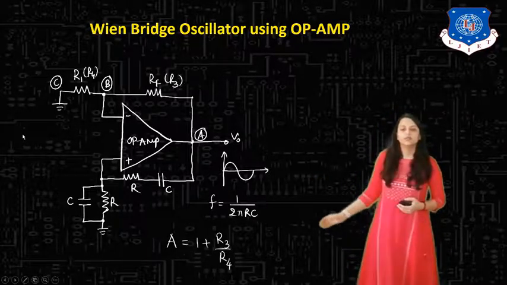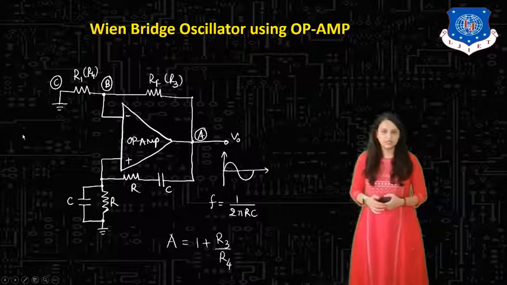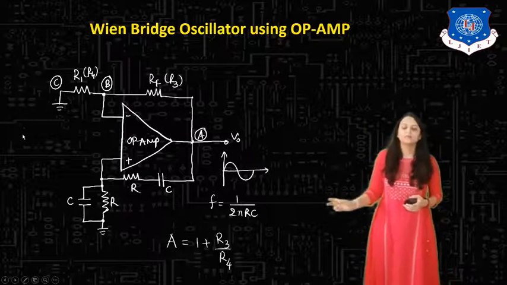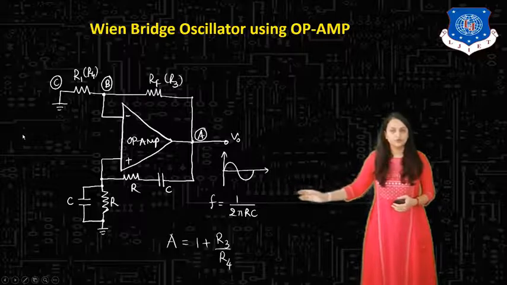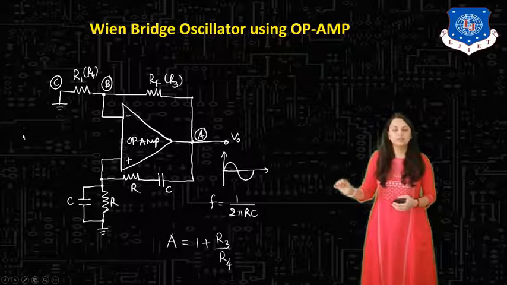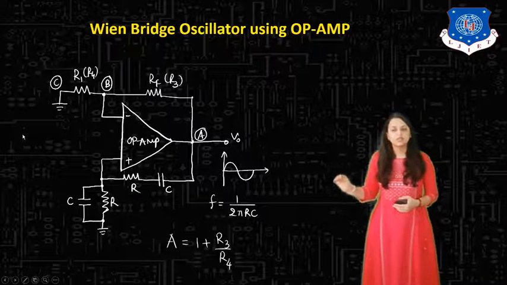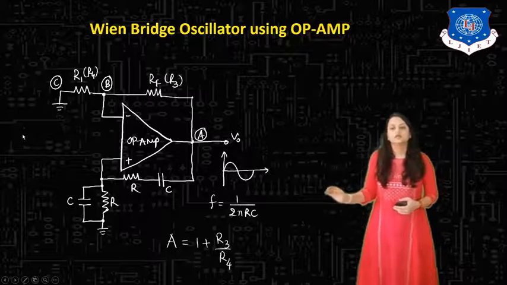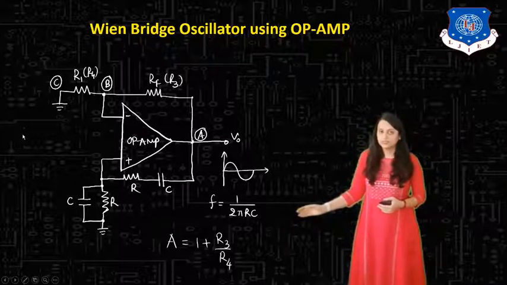Here, as you can see, the Wien bridge circuit, a combination of series RC pair and parallel RC pair, is given to the non-inverting terminal, and here we are getting the output. Here RF feedback resistor equals the value of R3 and input resistance R1 equals the value of R4. The output frequency for this will be 1/2 pi RC that we have seen earlier.